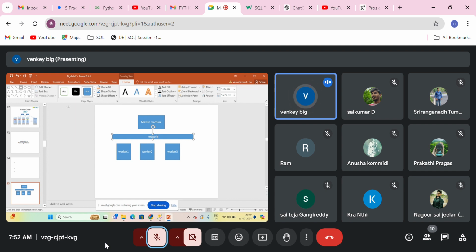In real time we call that a cluster. So we have a master machine, we have multiple worker machines, and if we connect all of them in a single network, we call it a cluster.